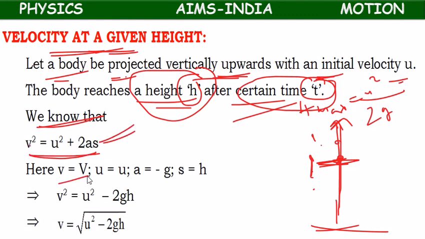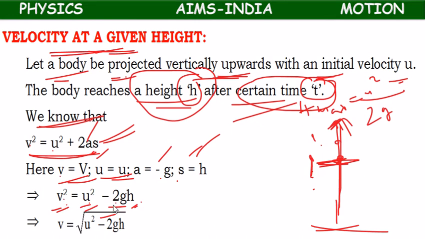Here v is the final velocity, u is the initial velocity. Because the body is going up, acceleration is minus g. Displacement is the height h. So in place of a we keep minus g, and in place of s we keep h.